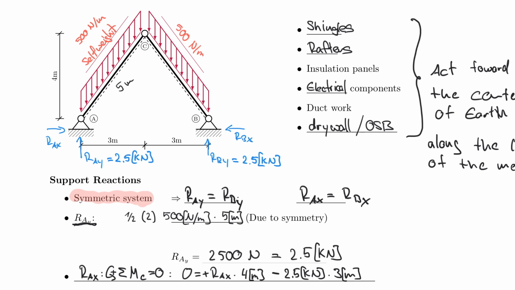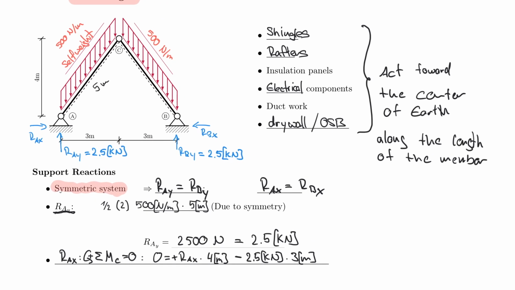And last but not least, I have to include the 500 Newton, so that's 0.5 kilonewton per meter multiplied by 5 meters. And now careful with the lever arm, because the resultant effectively is acting in the middle and it's vertical, so therefore the distance is 1.5 meters.